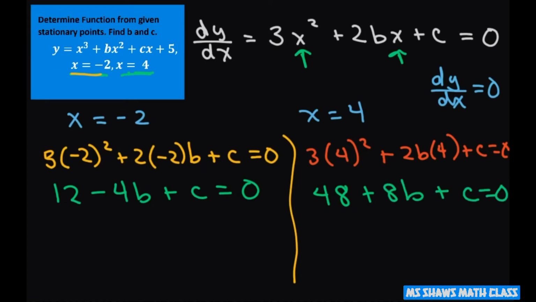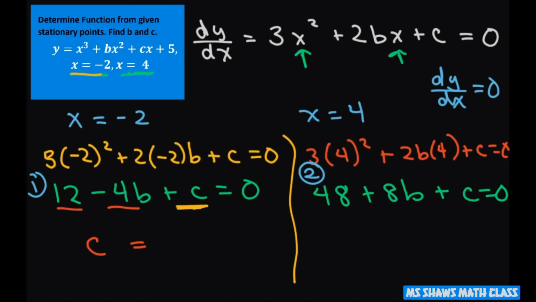And what I like to do is you could just subtract these two. I'll call this equation 1, equation 2, because we have simultaneous equations here. But what I'm going to do is go ahead and solve for c. So if I solve for c, since c is positive, I'm just going to write this as c and subtract these from both sides of the equation.